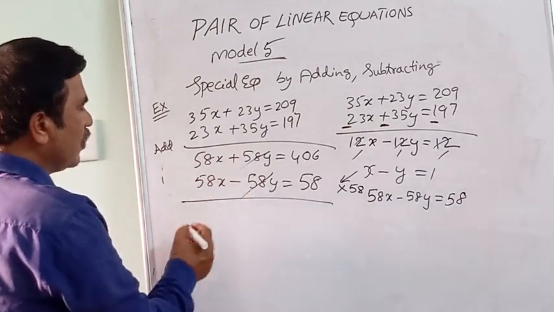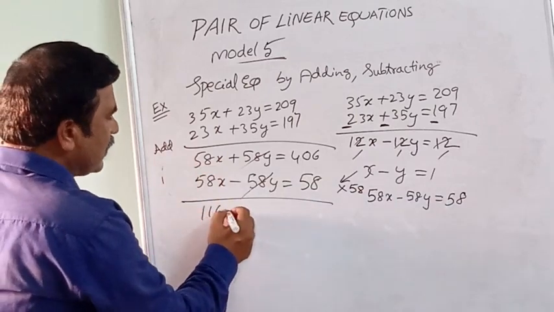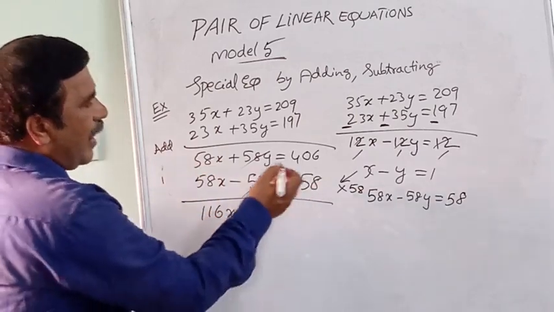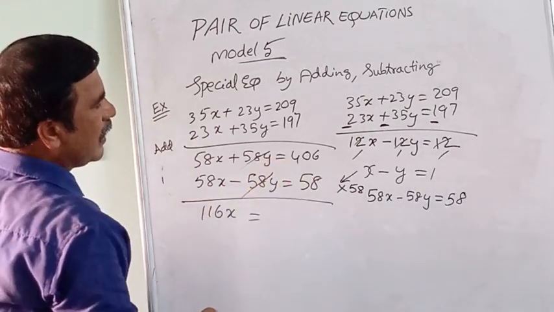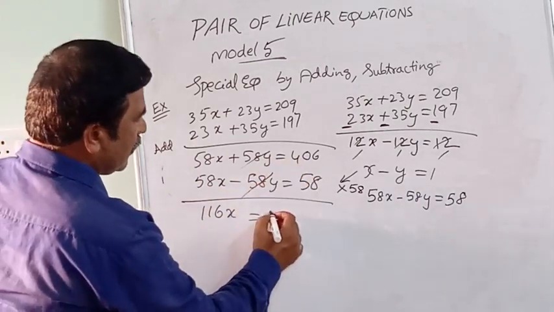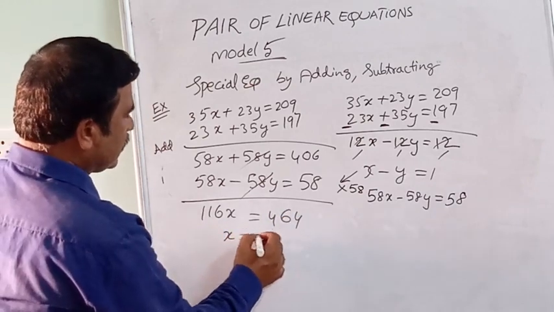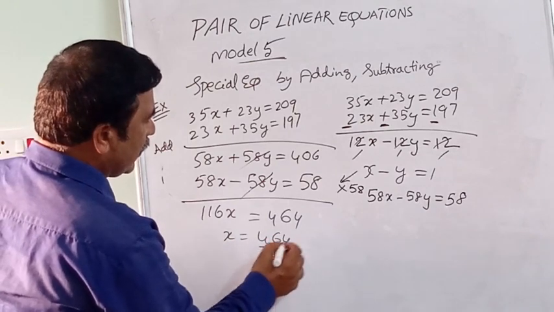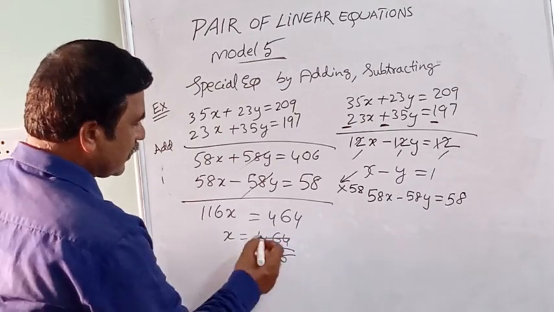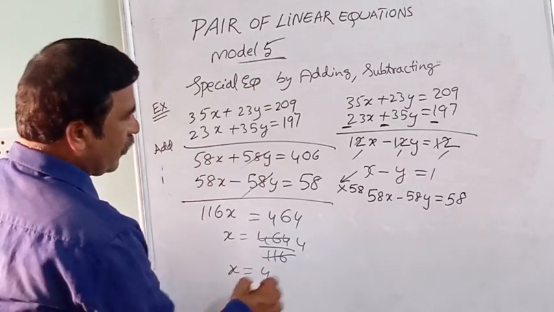Now add: 116x is equal to, add this to 406 and 58, 464. Therefore x is equal to 464 by 116. How much will you get? 116 four times. Therefore, x is equal to 4.